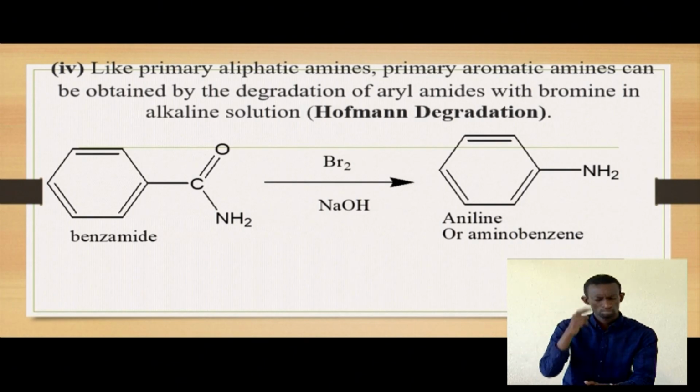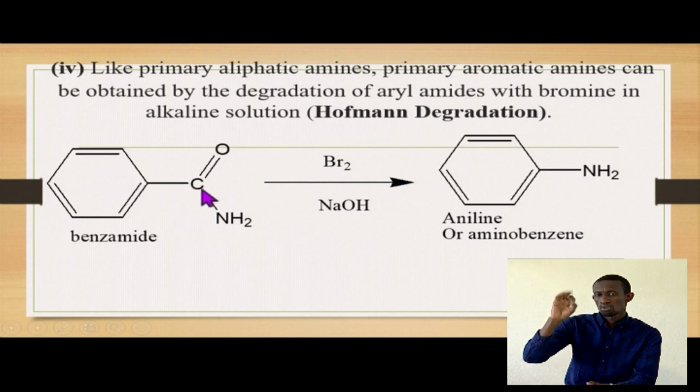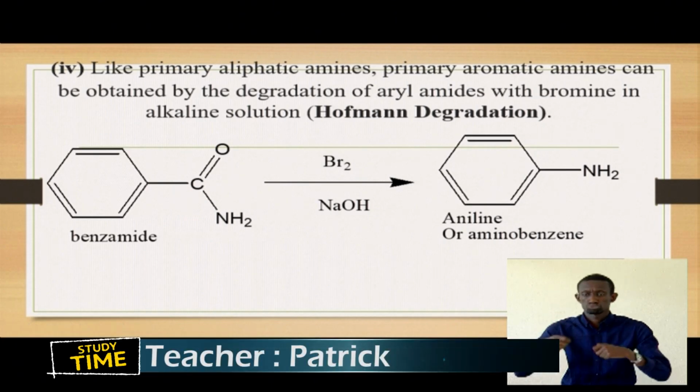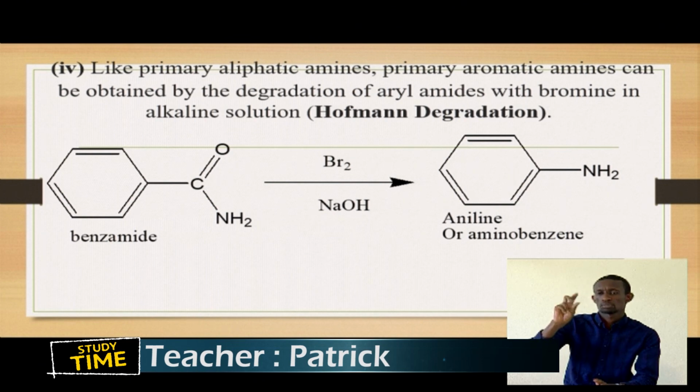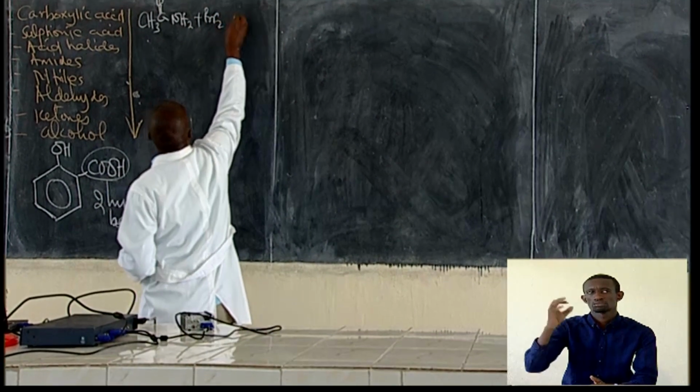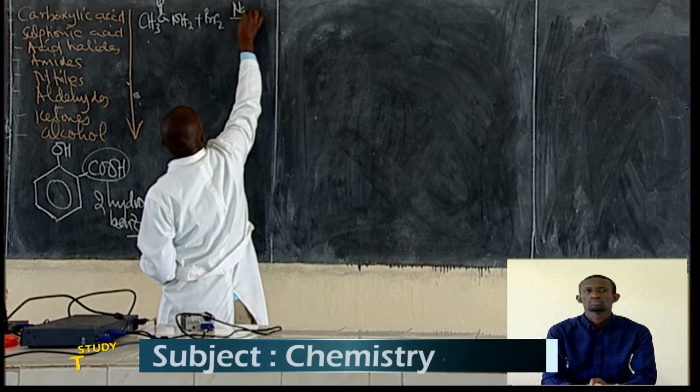You remember the Hofmann degradation reaction, whereby the amides react with bromine. So this is an example of the amide. This is an amide reacting with bromine in presence of sodium hydroxide.